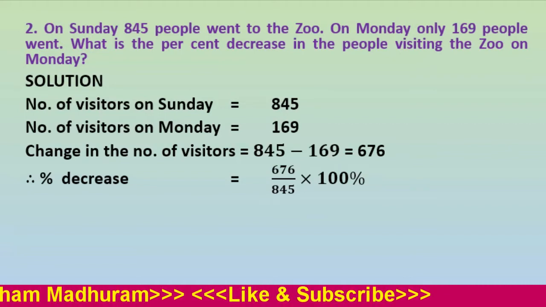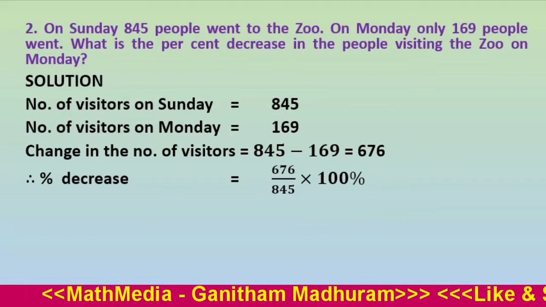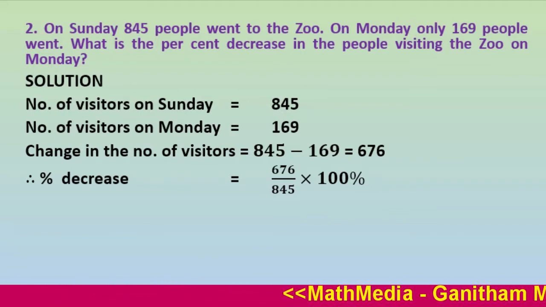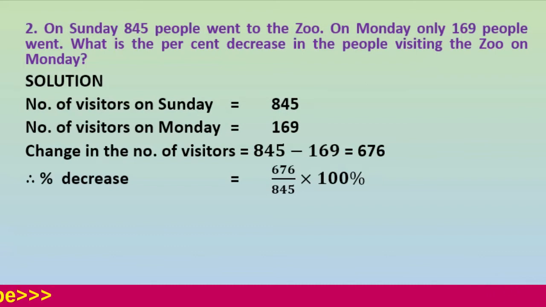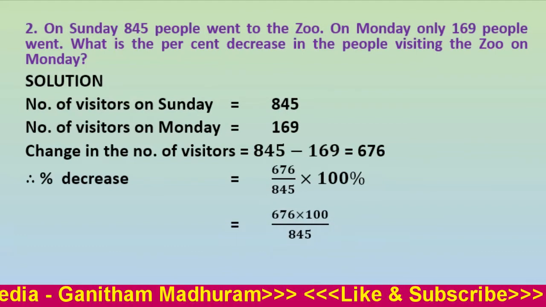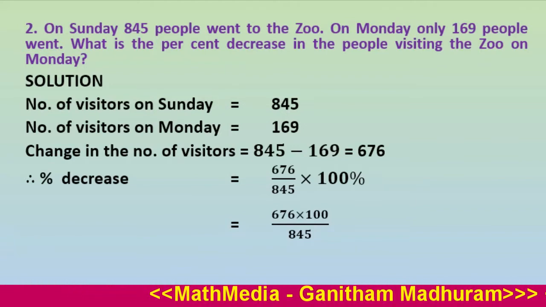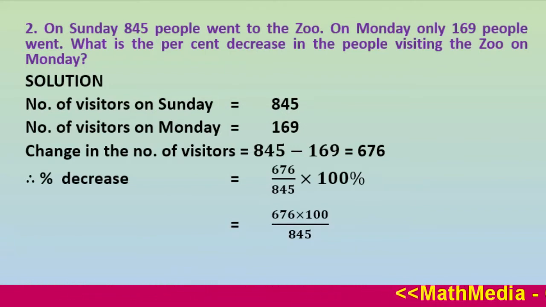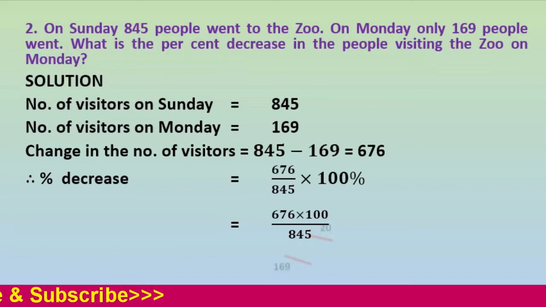So here change in amount we got 676 and original amount is 845 multiplied by 100. So we can multiply numerator with the whole number 100 and put the same denominator 845.